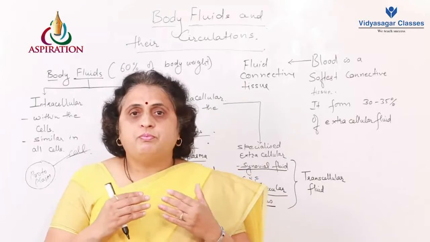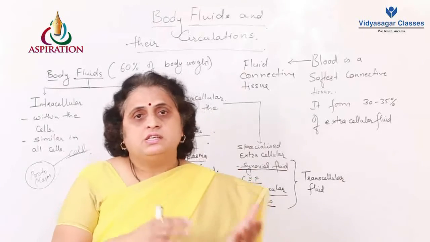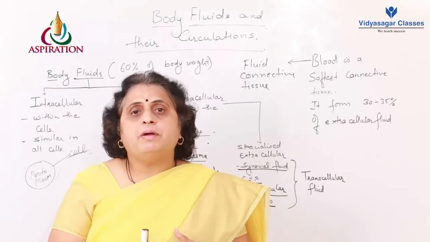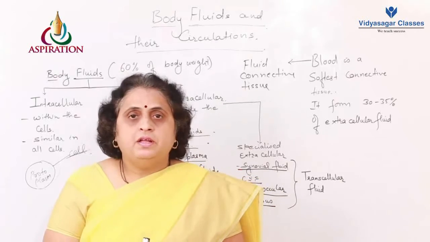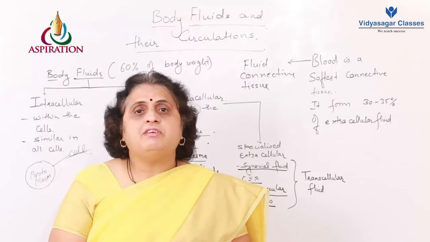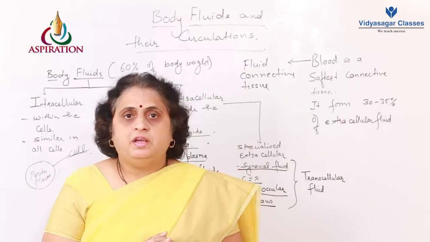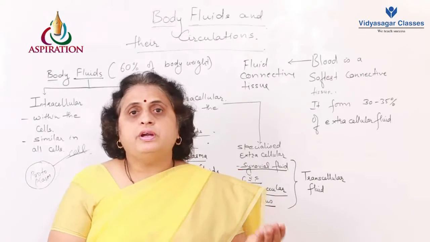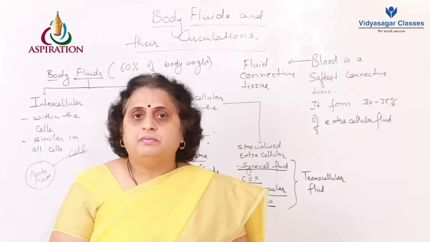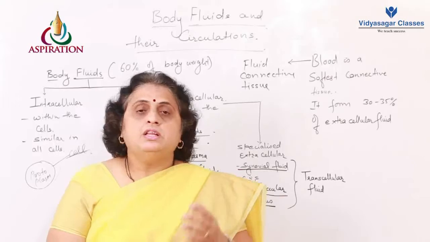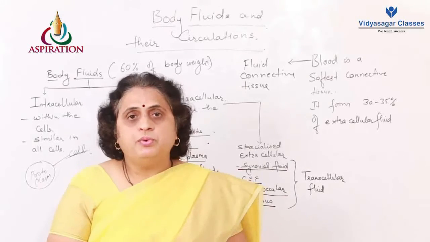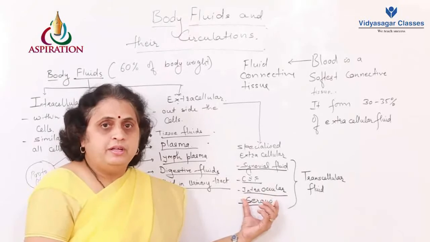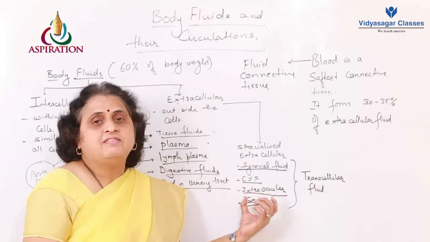These organs like the heart and lungs have special protection with the help of the pericardium and pleural membrane. These membranes enclose a cavity which is filled by fluid. If it is a pericardial membrane, then the fluid is called pericardial fluid. If it is a pleural membrane, the fluid is called pleural fluid. Thus we have serous fluid as the fluid present in the pericardium as well as in the pleura.